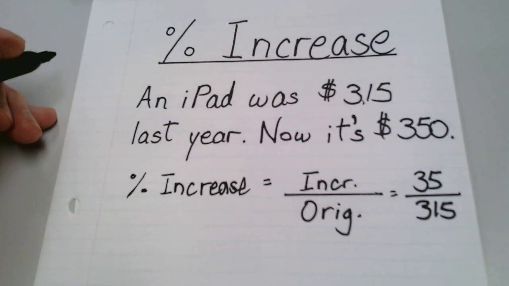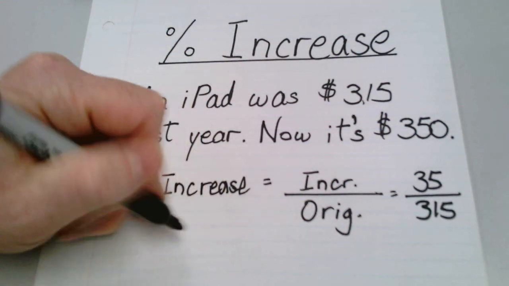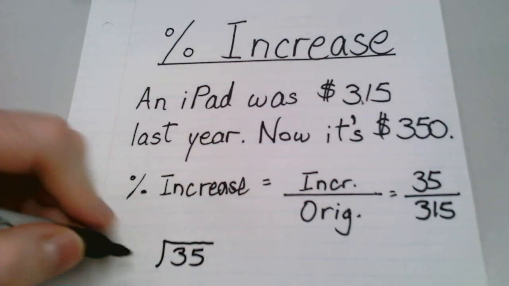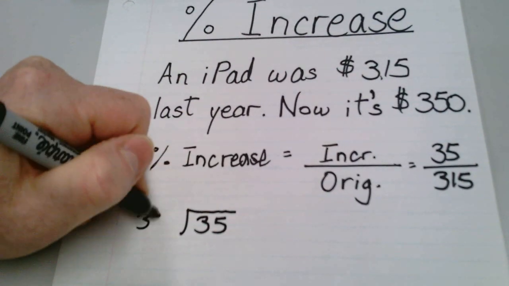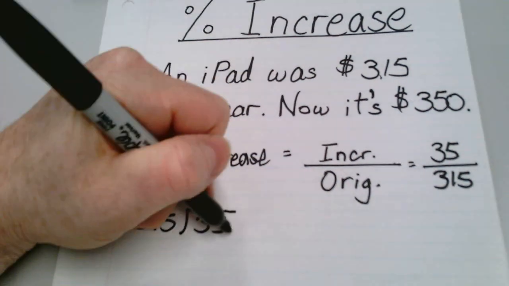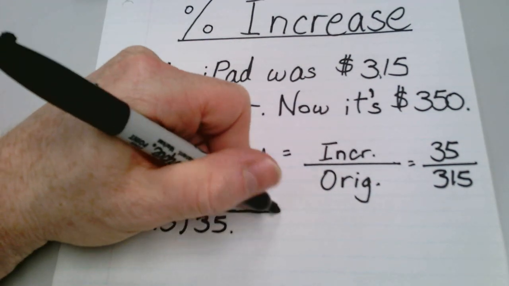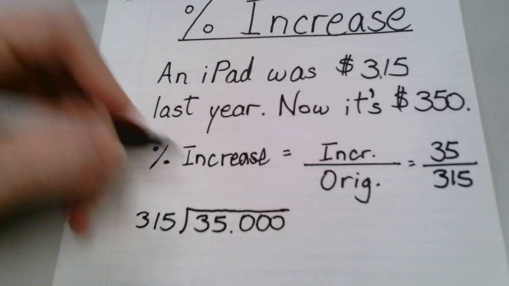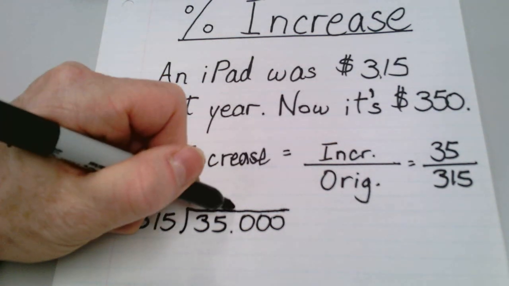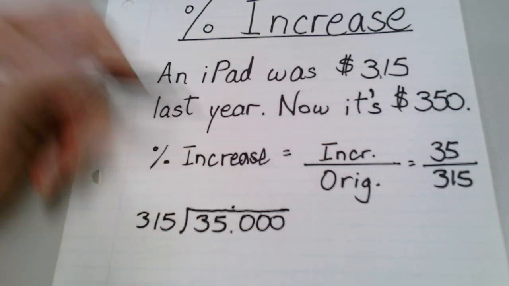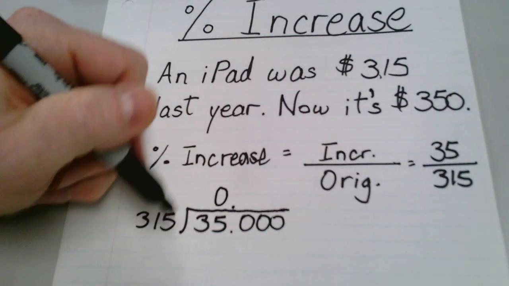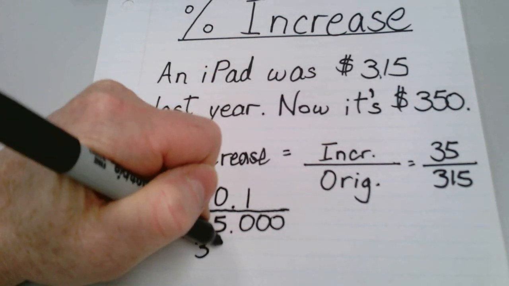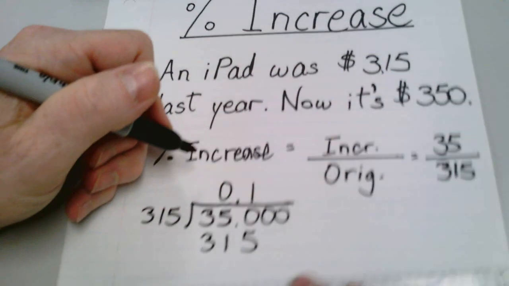So yeah, this is going to be a lot of work, unfortunately. So we go 35 divided by 315. We'll extend this a little bit. Put some zeros down. We'll say, well, 315 goes into 35 zero times, into 350 once. 1 times 315 is 315.